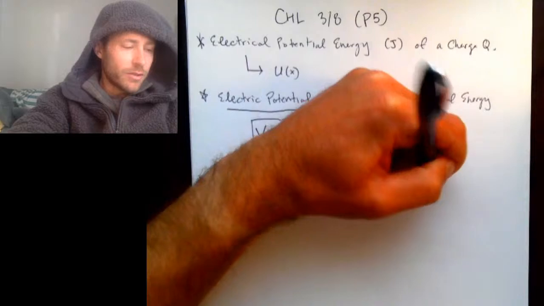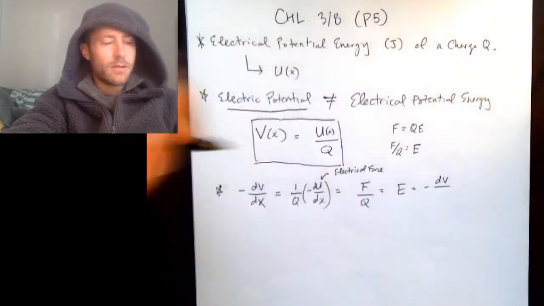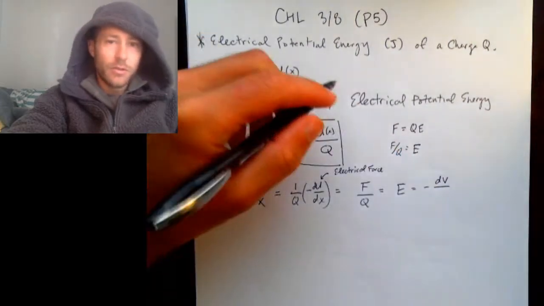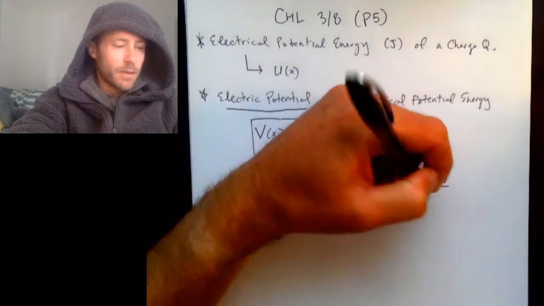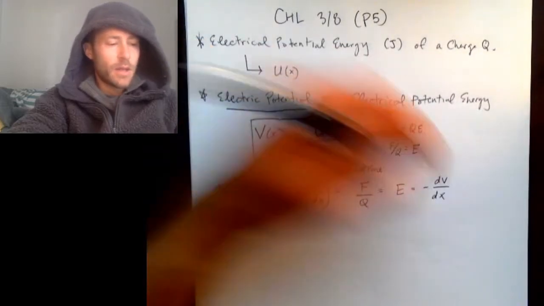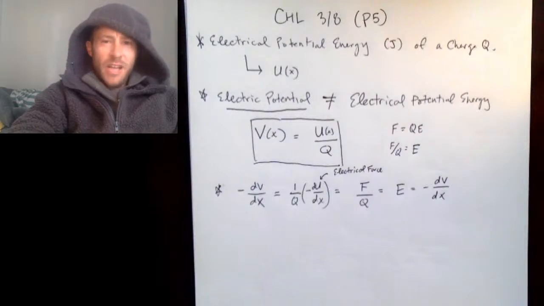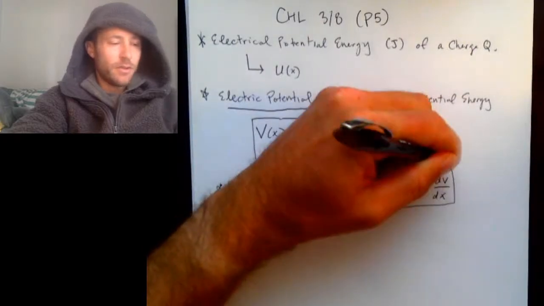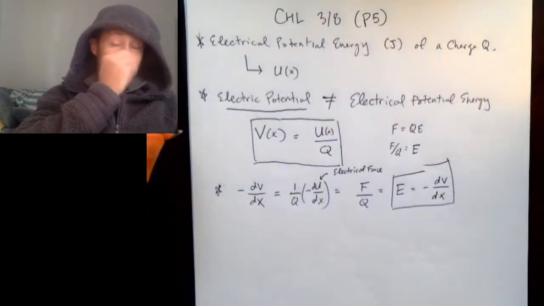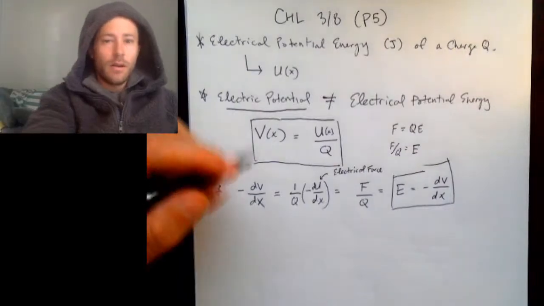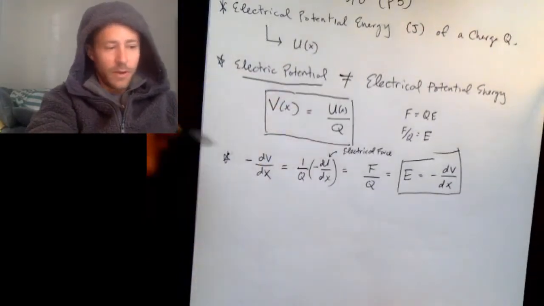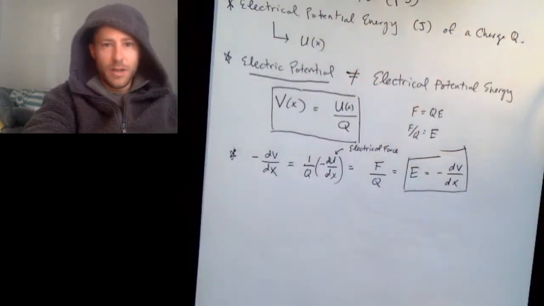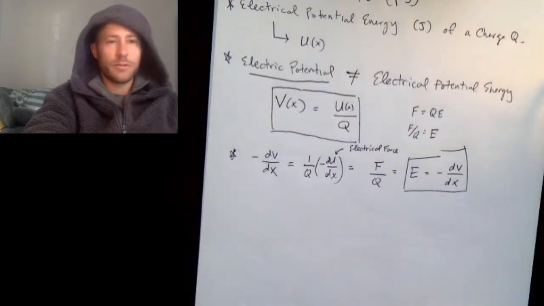So minus the derivative of the potential with respect to position is the electric field. Okay? So these two are our first two main equations for today. We're going to have three main equations.